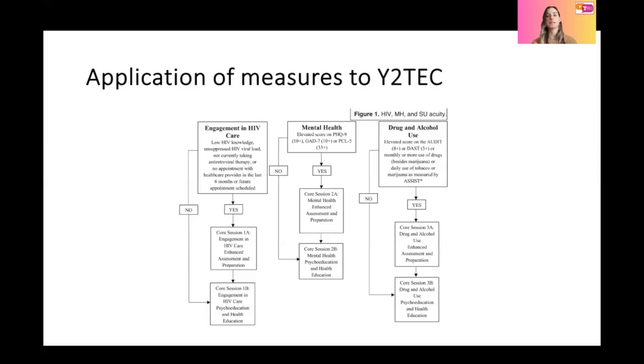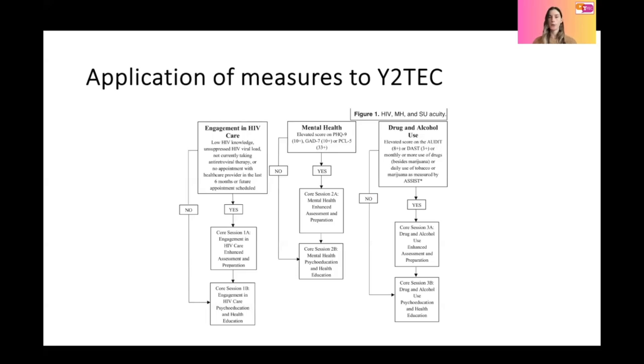Lastly, for the substance use sessions, we tailor the number of core sessions based on their scores on the substance use measures, including the AUDIT, which looks at alcohol use, if it's moderate or greater, the DAST, and the ASSIST.